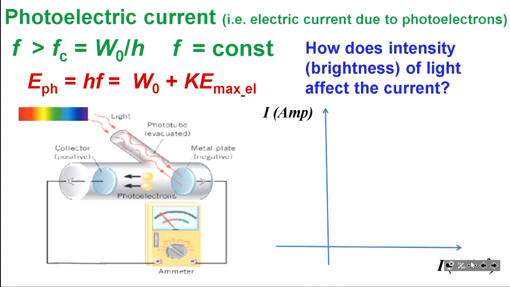Well, unfortunately, from historical reasons, for electric current and for intensity, people use the same letter, capital I. But intensity basically means how many photons travel per square meter every second. So it is proportional to the number of particles. Best case scenario, each photon ejects an electron, one photon, one electron. So if we increase intensity, we should increase the number of electrons, we should increase electric current, that's it.